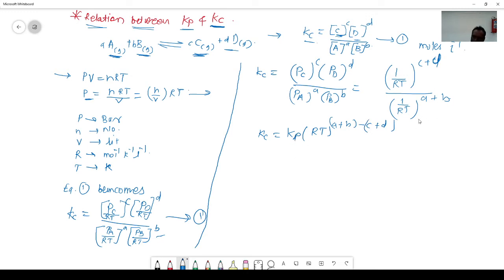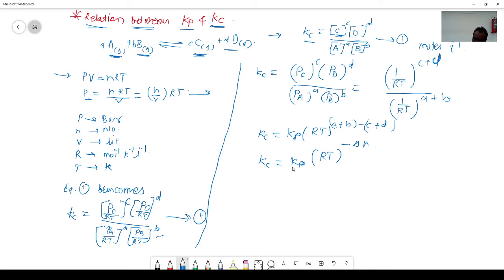I have taken this RT to the upper side, 1 over RT, right? Therefore, Kc is equal to Kp into RT raised to minus delta N. This A plus B is what? A plus B is number of moles, right? Number of moles.